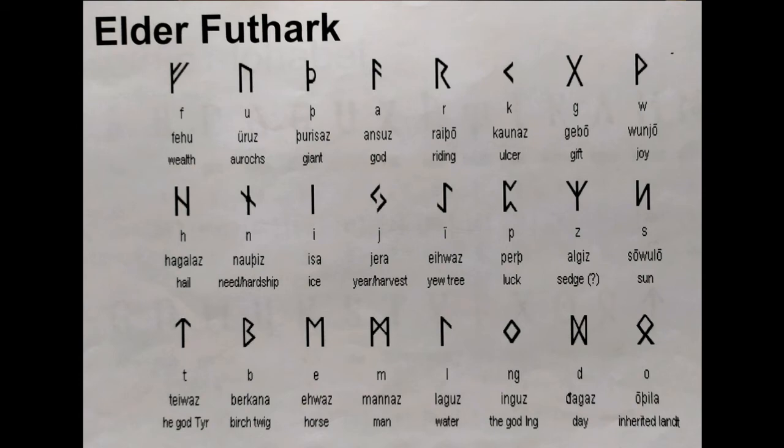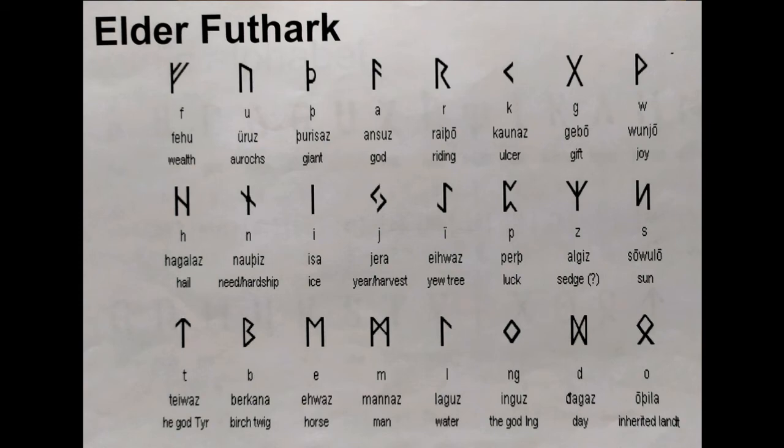His letters were, you see, Ahsa, Berkan, Giba, Dags, and so on. And these letters also had sound values. For example, Ahsa meant A, Berkan meant B, and on the table you can see sound values of these letters.